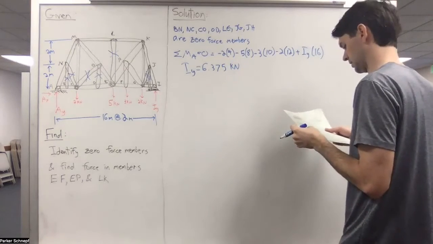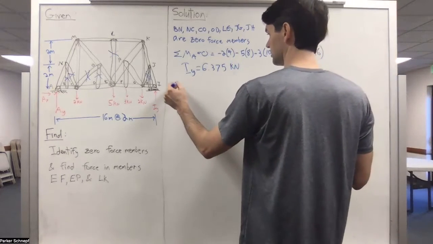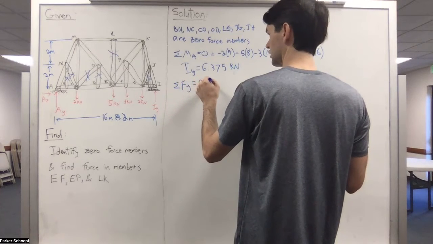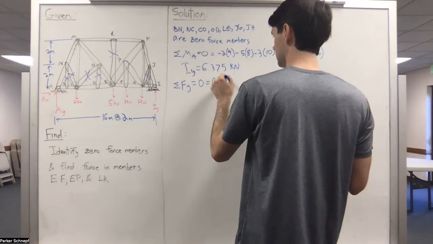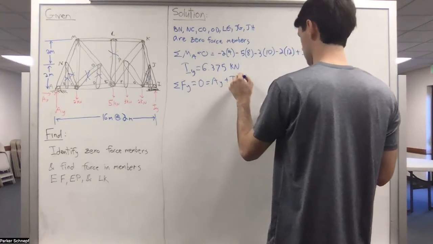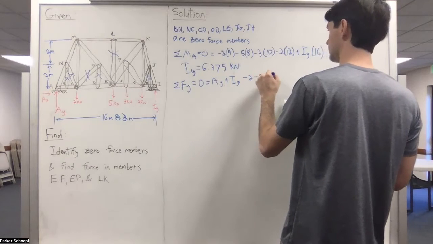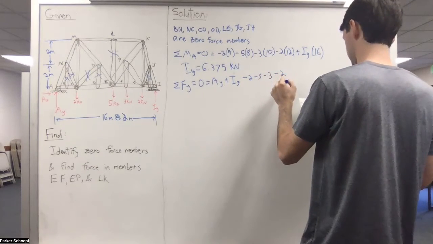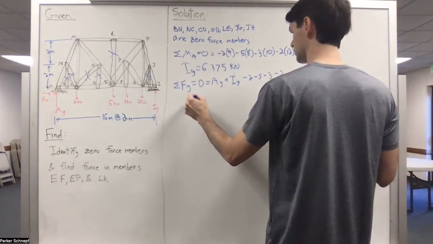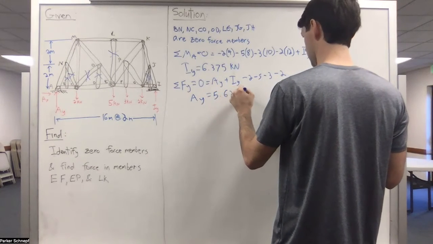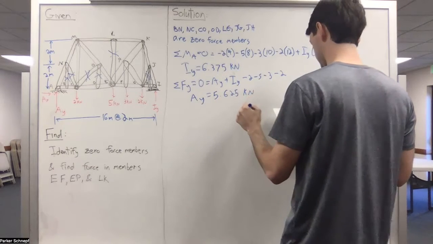All right. Now I can just do my sum of forces in Y. AY plus IY, -2, -5, -3, -2. And I get AY equals 5.625 kilonewtons.